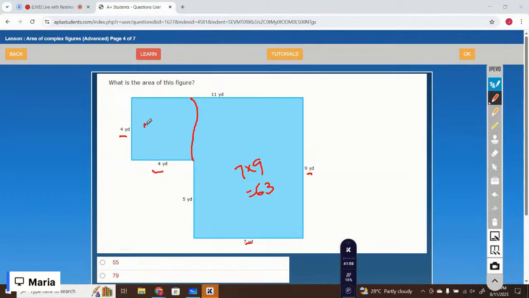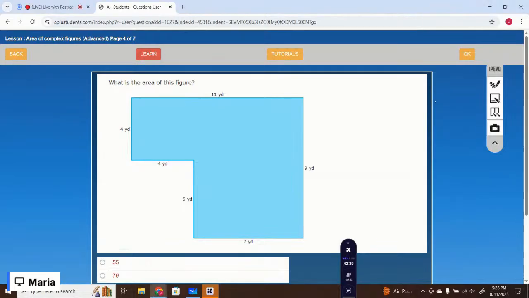That is 4 times 4, that is 18. That is 79. Option number 2 is the correct option.